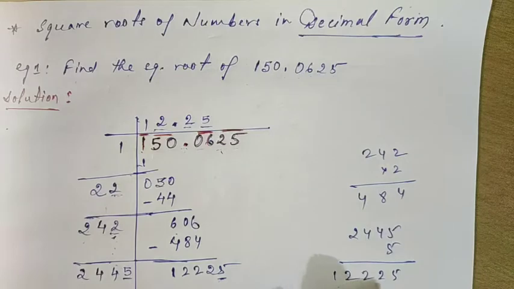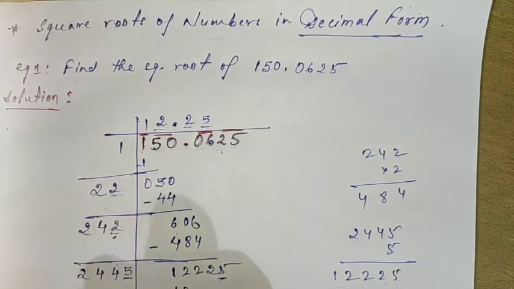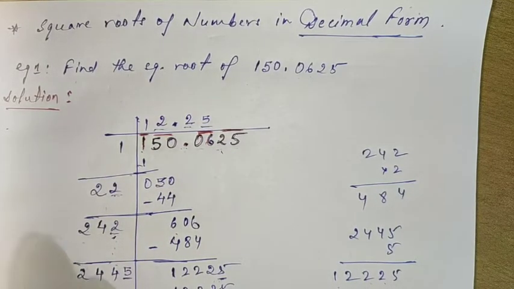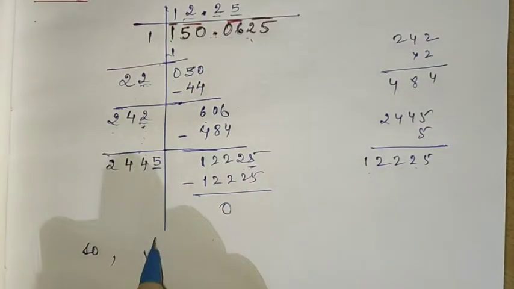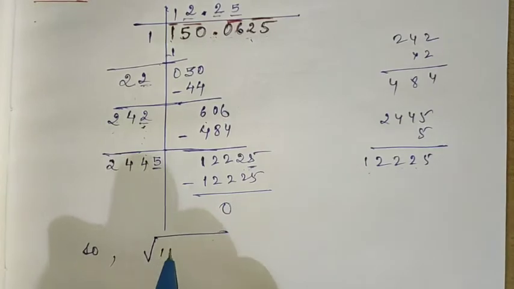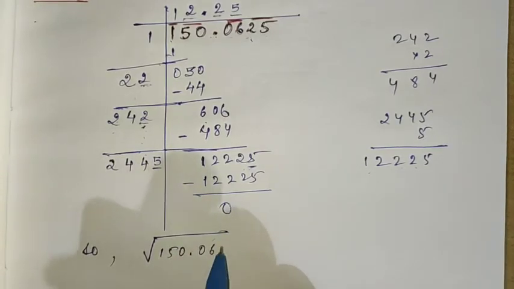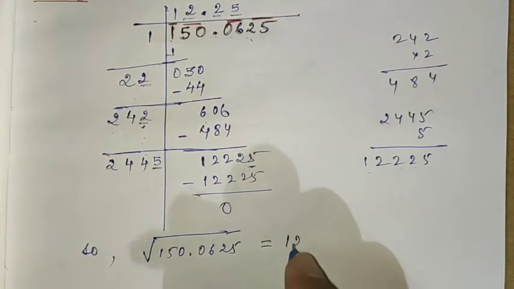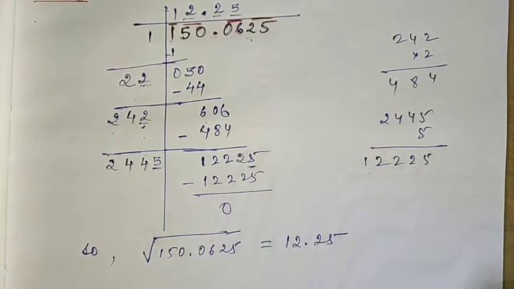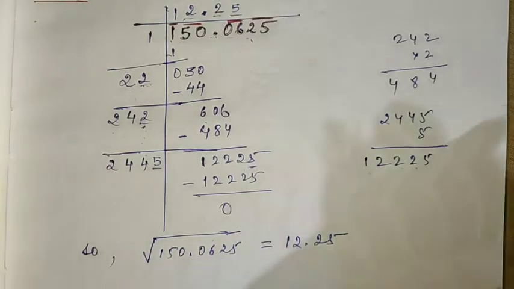So 1, 2, 2, 2, 5, the same number that we have over here, and the remainder is 0. So our final answer: the square root of 150.0625 will be equal to 12.25. This will be your answer.